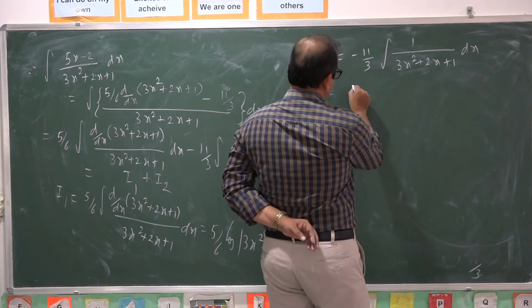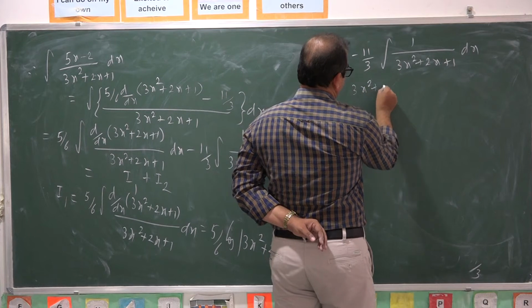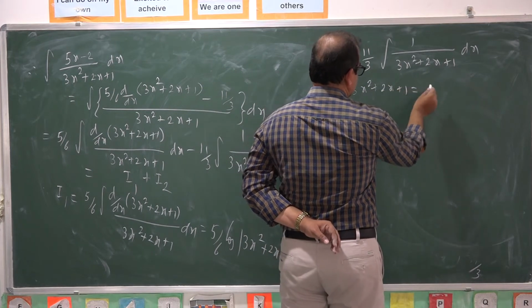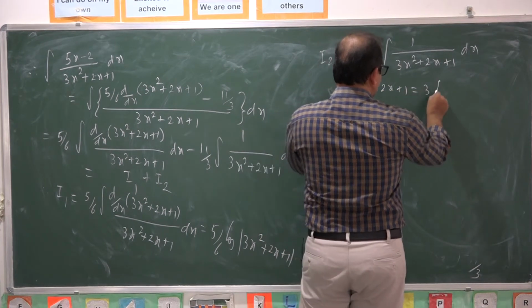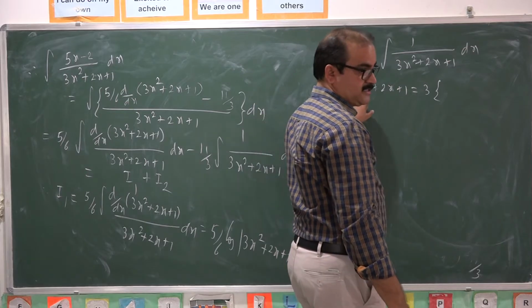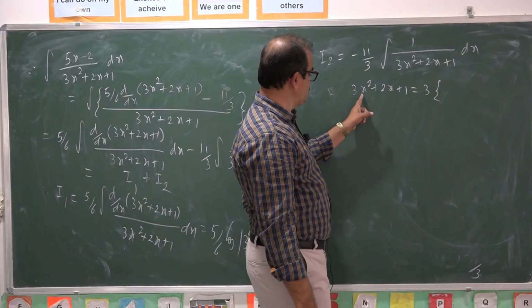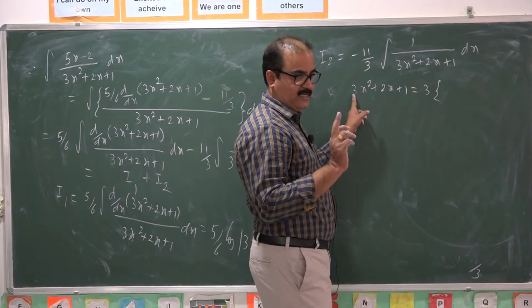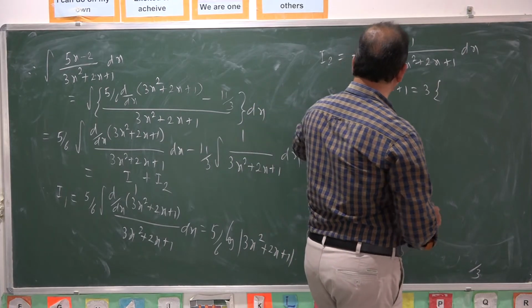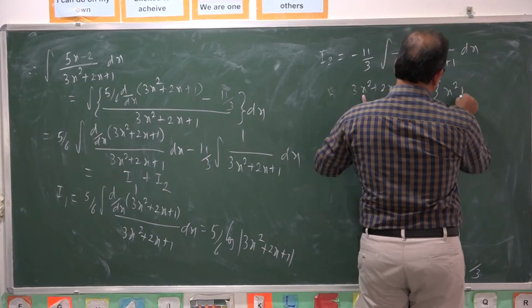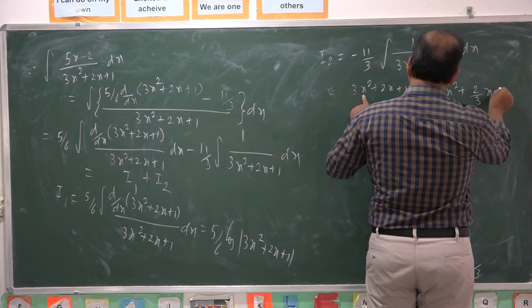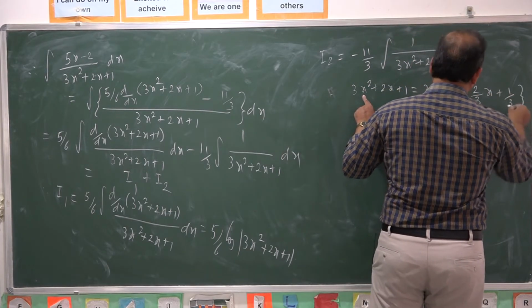So we write 3x square plus 2x plus 1 is equal to 3 into, we already discussed how to write a quadratic form as a perfect square. First we make coefficient of x square as 1. So 3 into x square plus 2 by 3 x plus 1 by 3.